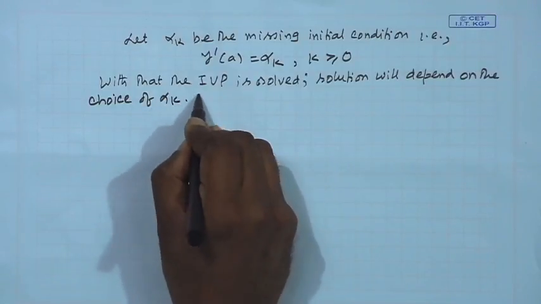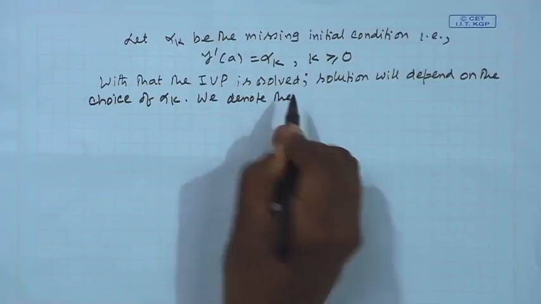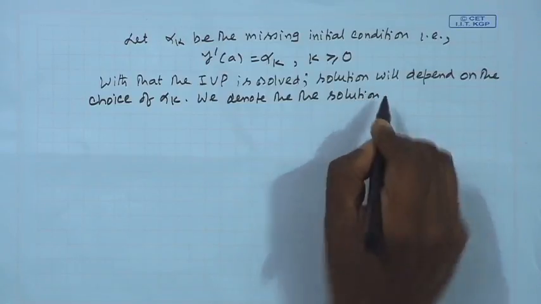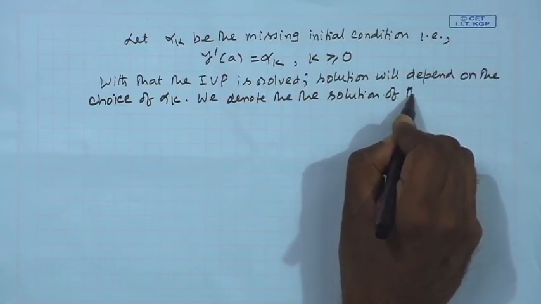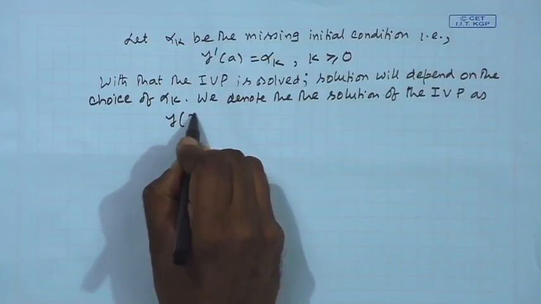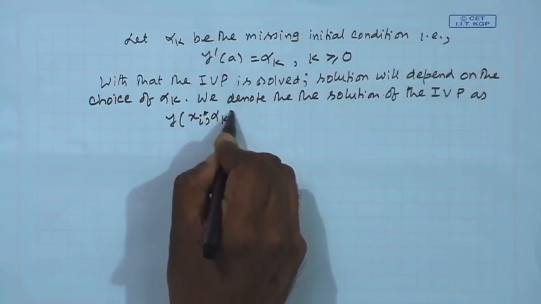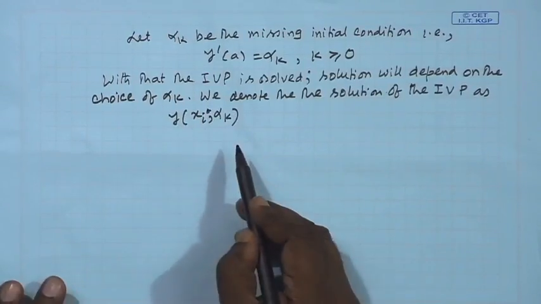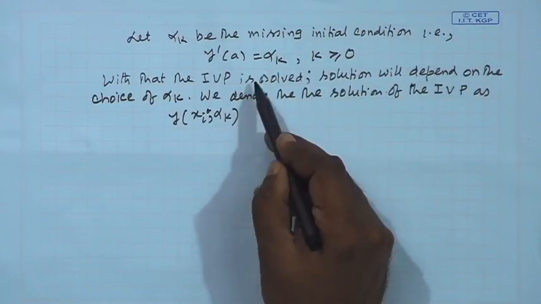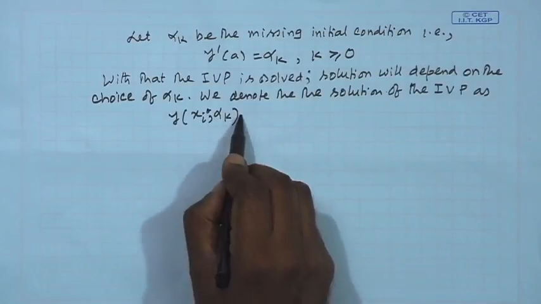So, we denote the solution of the IVP as y x I alpha k, because this y x I alpha k will vary on the choice of alpha k. To make a correspondence, we have written this as a function of alpha k.